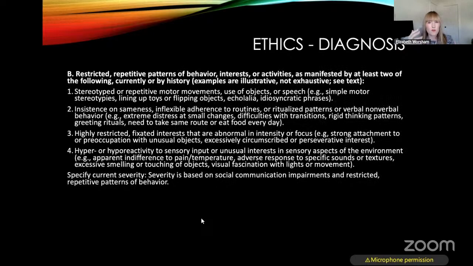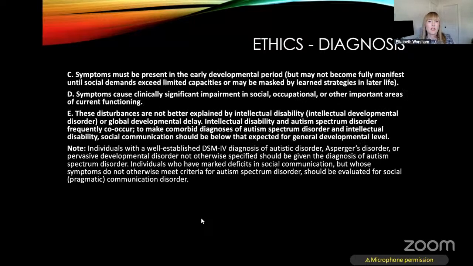They also have restricted, repetitive behaviors or interests. Sometimes this is codified as rigidity or inflexibility. They can have really special interests and really go all in on certain things. And then finally, there are other criteria that make it more precise: these symptoms must come during the developmental period.